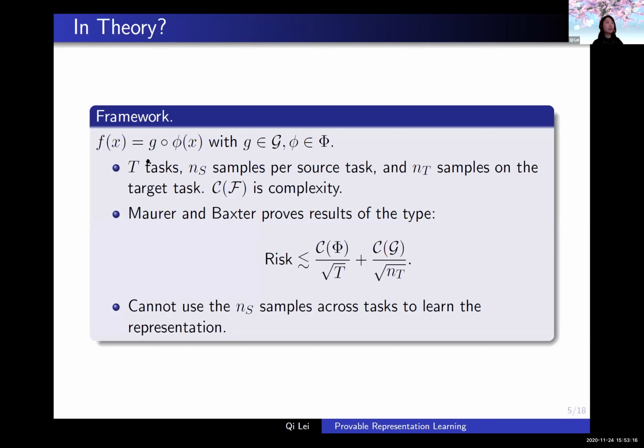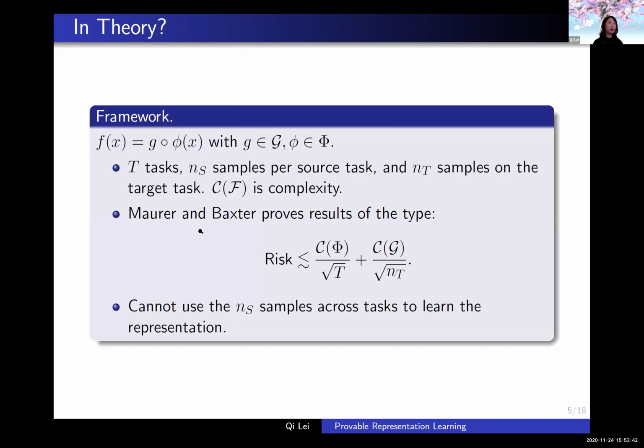In theory, we are trying to learn this function f, which is a composition of a very simple function g with a representation phi in some function class Phi. We have T tasks, n_s samples from the source tasks and n_t samples on the target domain. We are interested in the few-shot regime, meaning n_s is much larger than n_t.